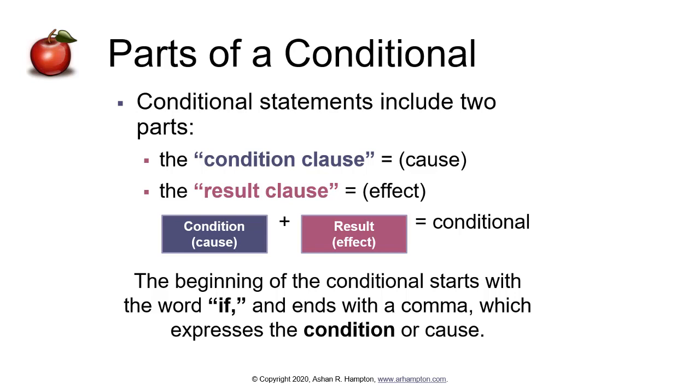Remember, the beginning of the conditional starts with the word if and ends with a comma, which expresses the condition or cause. And the second part, the result clause, is also called the main clause of the conditional. That gives you the effect. Okay, you might want to pause the video here to let that sink in.